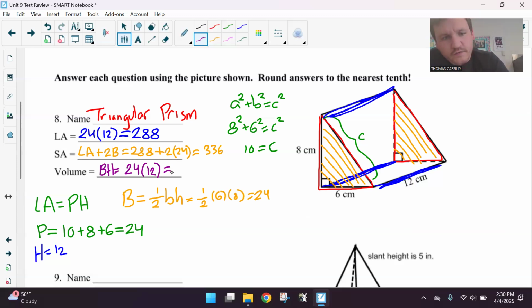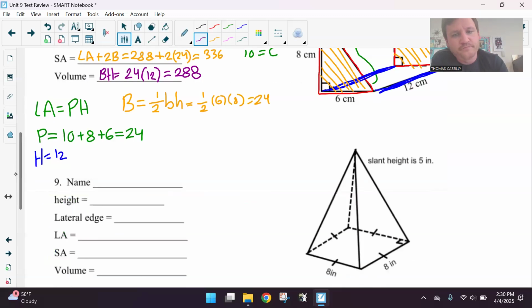So I got a 288 here. All right, so I'm pretty sure I did everything correctly. 24 times the height. So the lateral area and the volume in this problem happen to be the same number. That's not always going to be the case, so don't think that's always going to be true.